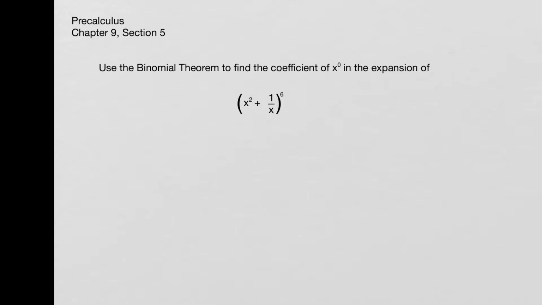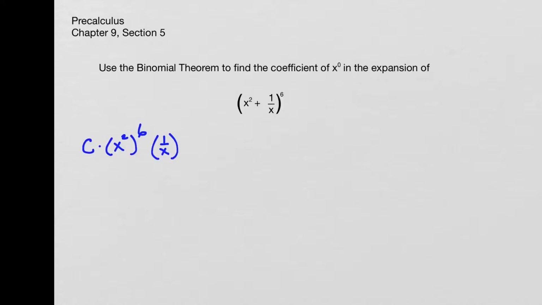What I'm going to do is not worry about the coefficients at the moment. So I'm going to just write coefficient times x squared to the 6th times 1 over x to the 0.